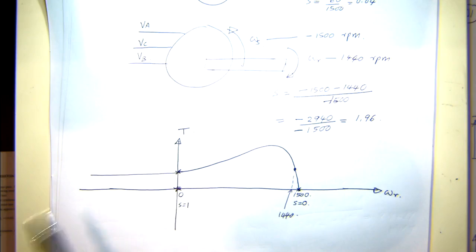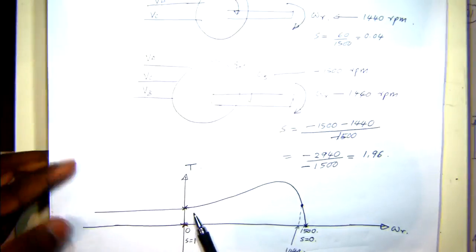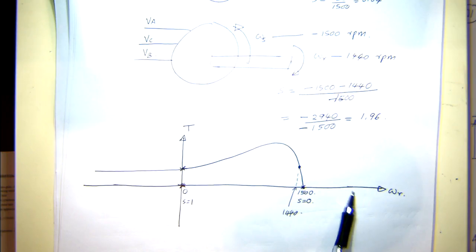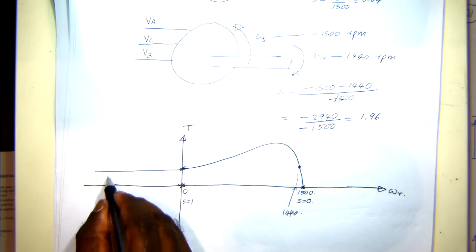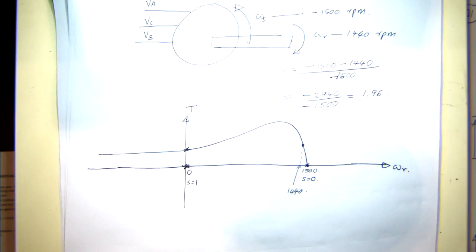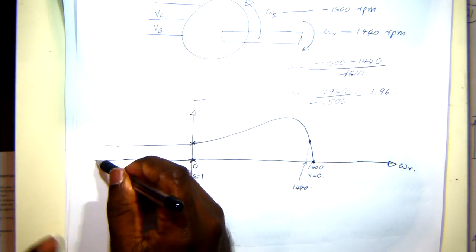You've excited it with ABC, this phase sequence, and this is the normal operating region. If you were to artificially rotate the shaft in the opposite direction, this will be the torque it will produce at that condition. If you were to interchange two terminals, if you plug the machine, in the torque speed profile you'll be spinning at synchronous speed somewhere here.